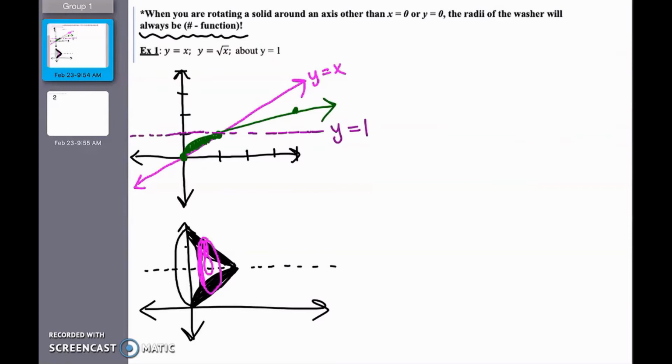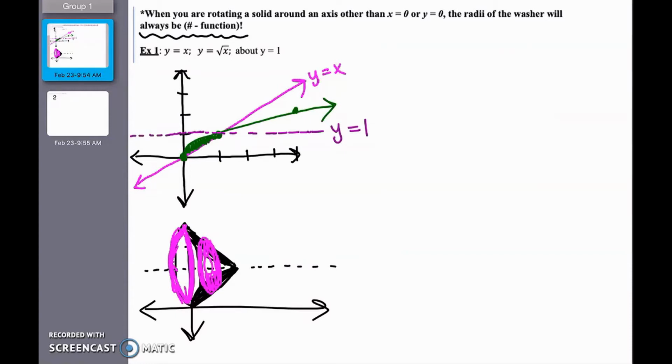Right? And so I get these sort of washer shapes that come from this solid when I rotate it around. You can kind of see it now that I've sketched it out. So that's what my picture is going to look like.